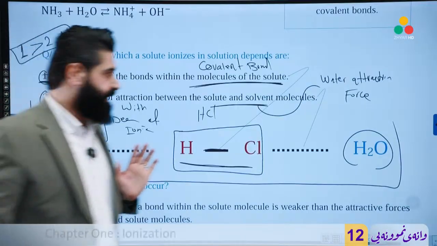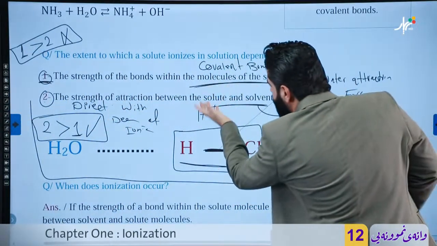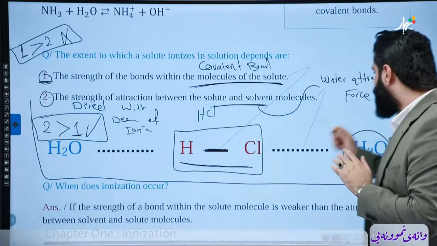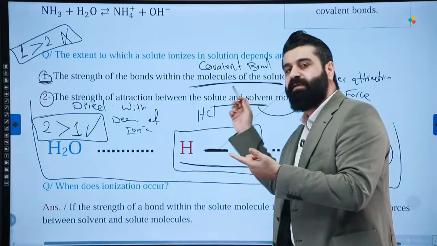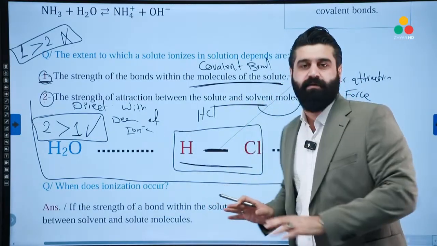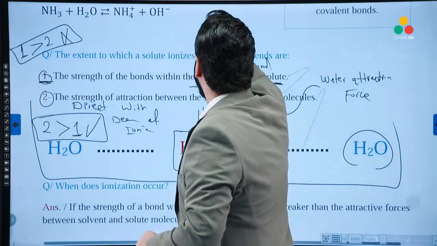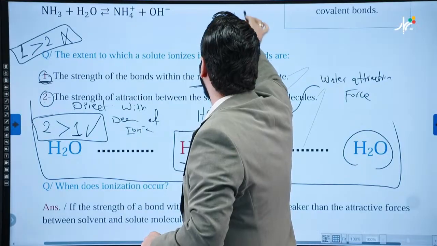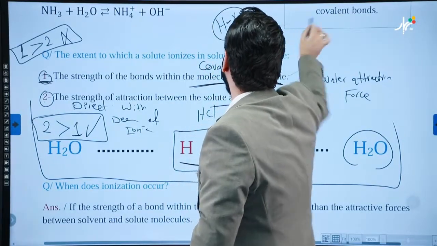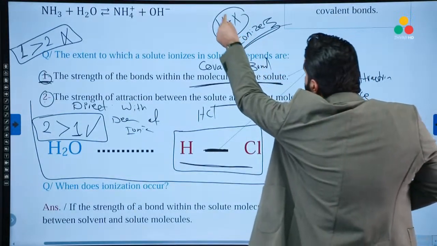Be careful with this. It means if the attraction of water overcomes the covalent bond, such a compound must be ionized. But if water attraction cannot overcome the covalent bond, this compound must stay the same without being ionized. So anytime if I say, why does this compound HX ionize in water? Since it ionizes in water, that means water attraction can overcome this bond.